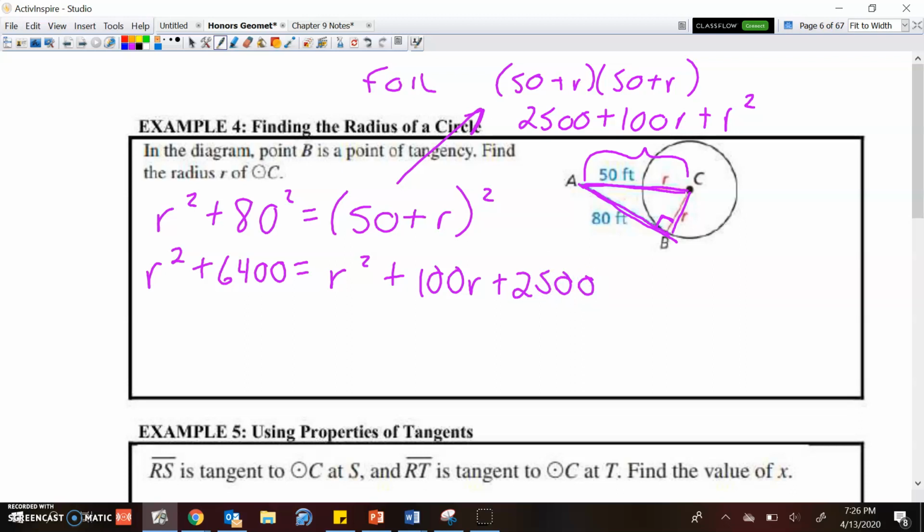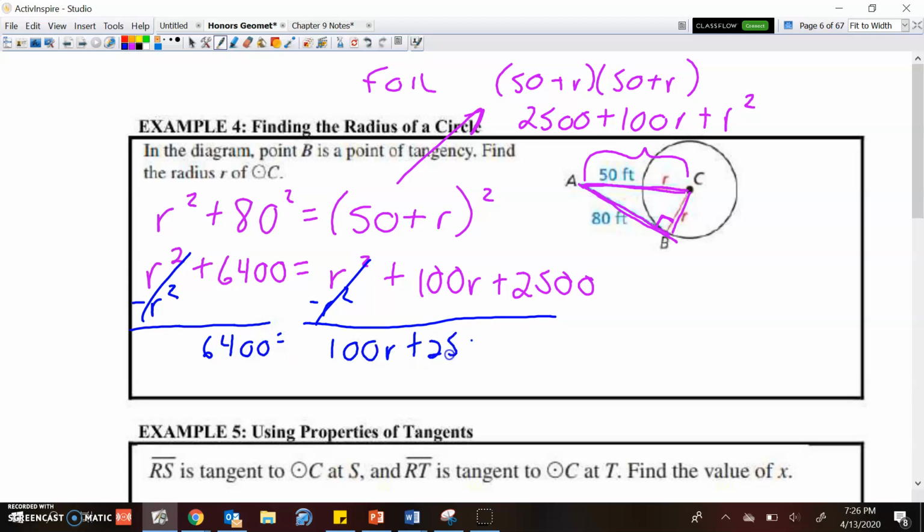All right, in this problem, I have an r squared on both sides. I can just go ahead and subtract it, but I really don't even need to do that step. I see that they're the same on both sides, so they're just going to cancel out. So now I have 6,400 is equal to 100r plus 2,500.